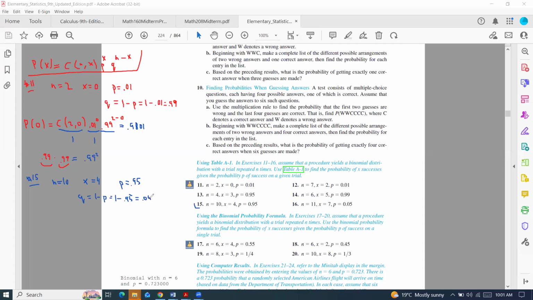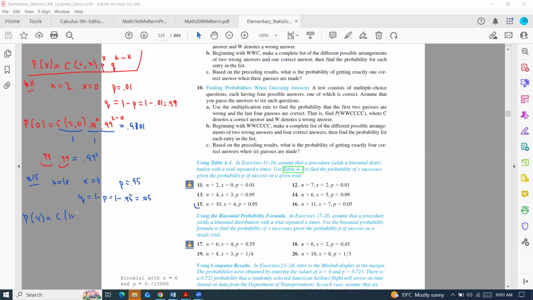And then to get this calculated, I need P of 4. So I put 4 in the parentheses. And now we go with the formula. I just plug in the numbers given.